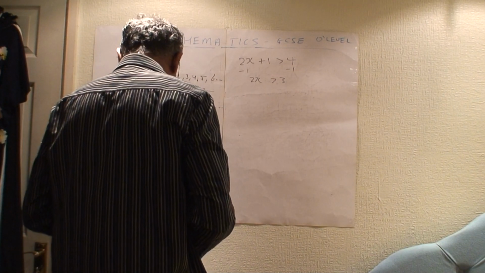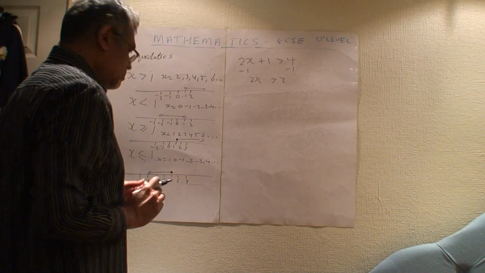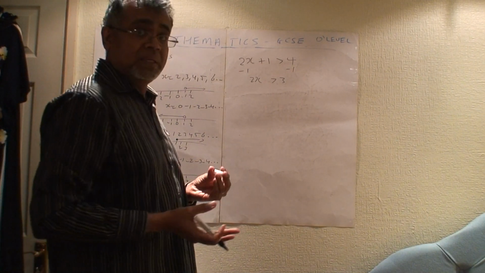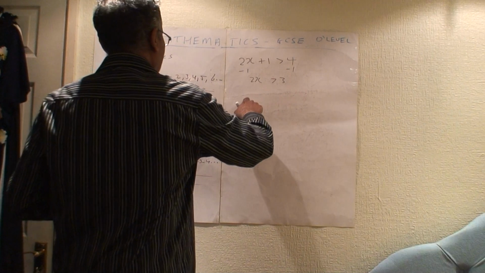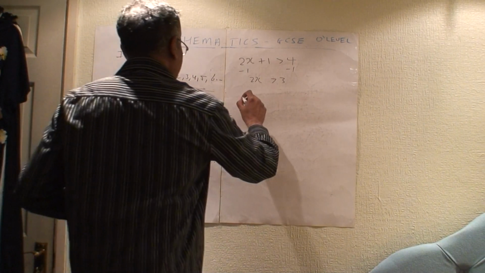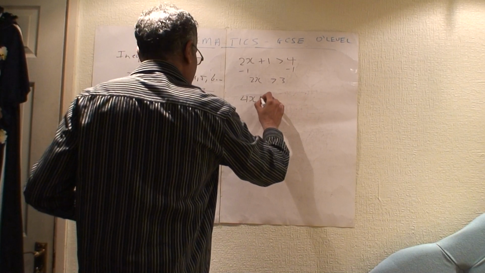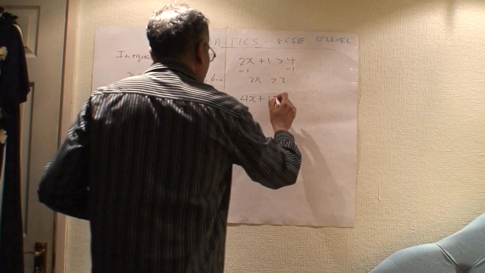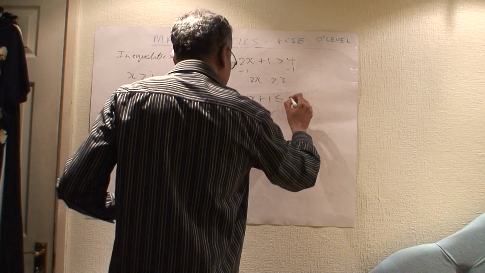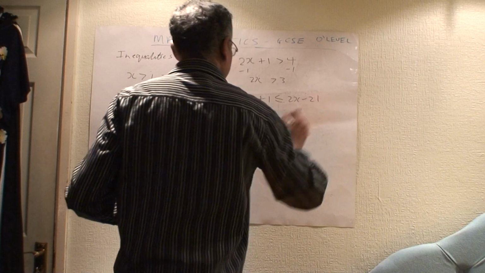Okay, so that is how we solve that. Now let's look at something a little bit more complicated. We're going to look at another inequality. Say, for instance, 4x plus 1 less than or equal to 2x minus 21.